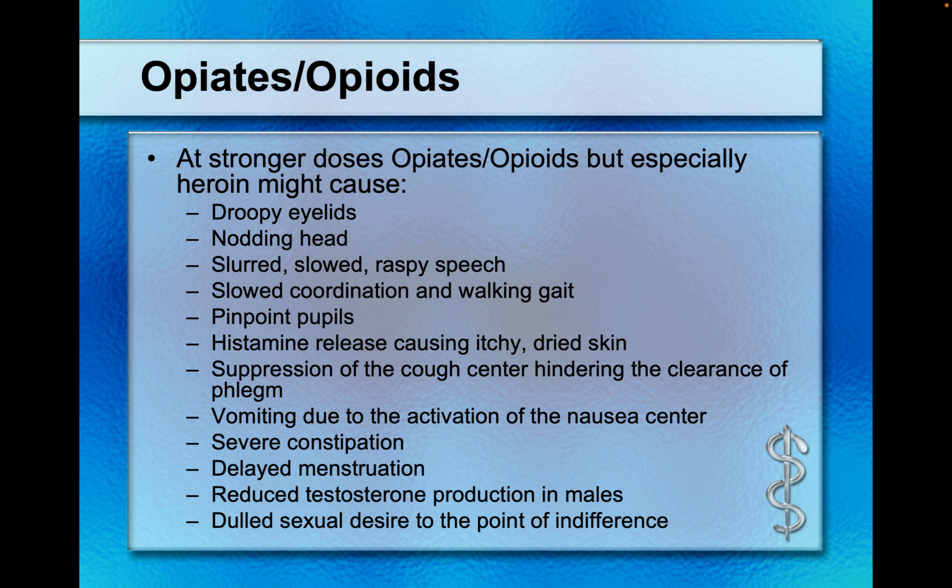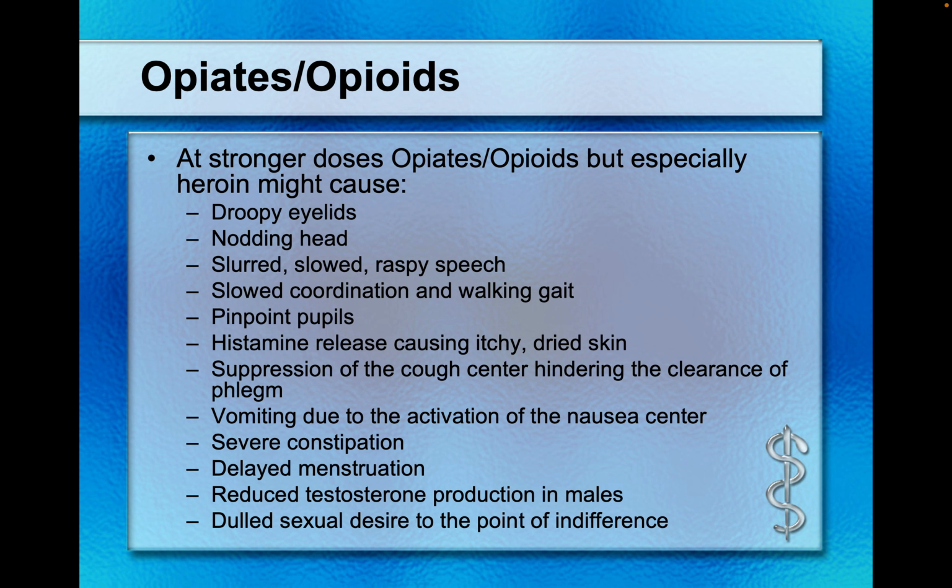Histamine release causing itchy, dried skin, suppression of the cough center hindering the clearance of phlegm, vomiting due to the activation of the nausea center, severe constipation, delayed menstruation, reduced testosterone production in males, dulled sexual desire to the point of indifference in both males and females.